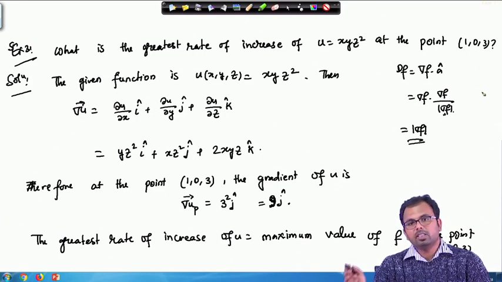Now, as I was saying in the previous class, the maximum value of df/ds will be attained if we consider the vector a as the gradient of f. If we are calculating the directional derivative along the direction of the gradient, then that is the maximum rate of change.